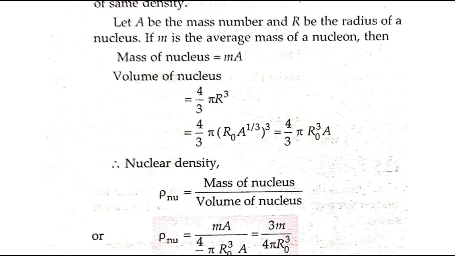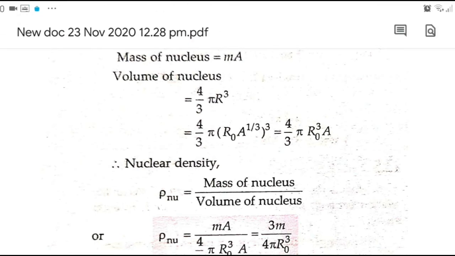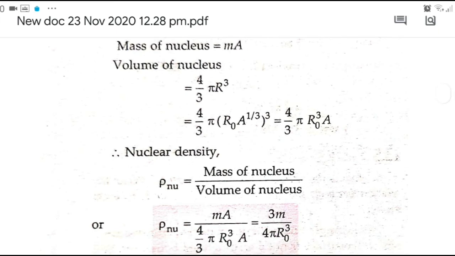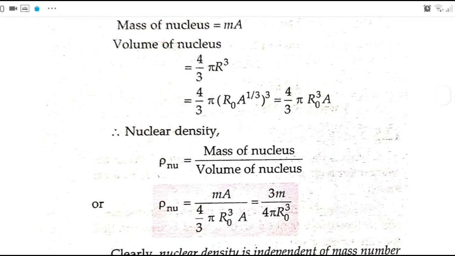So total mass of the nucleus becomes m into A, because A is the total number of nucleons. The volume of the nucleus is given by 4 by 3 pi R cube, where R is the radius. And we wrote R equals R0 A raised to 1 by 3. So it becomes 4 by 3 pi R0 A raised to 1 by 3 whole cube. So we have 4 by 3 pi R0 cube into A.